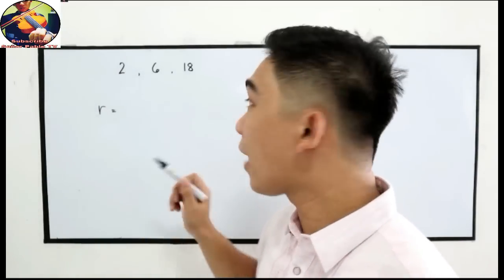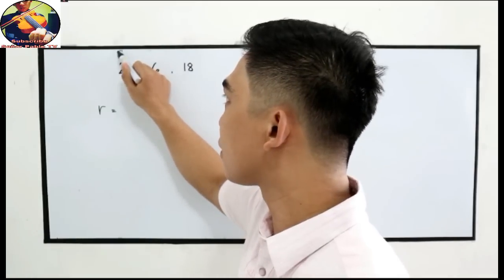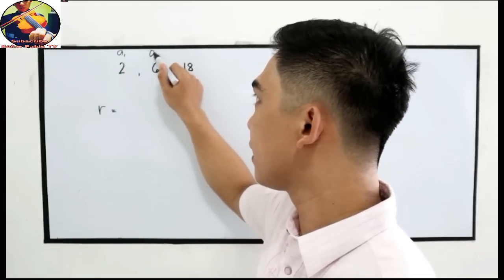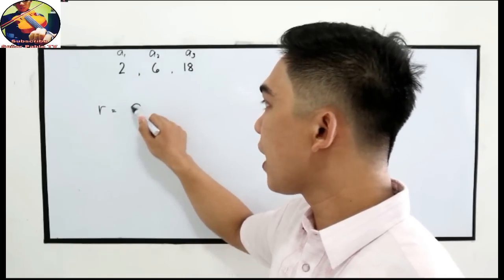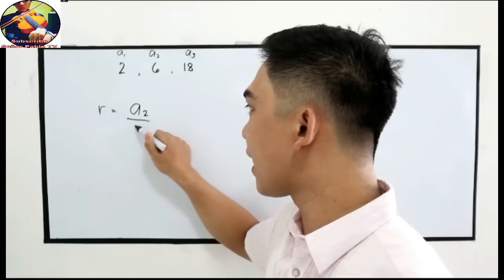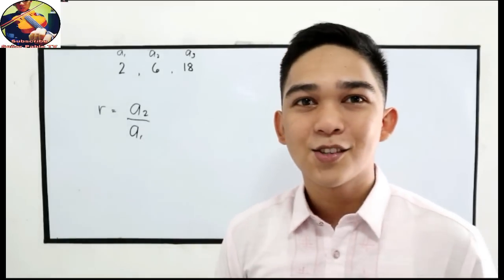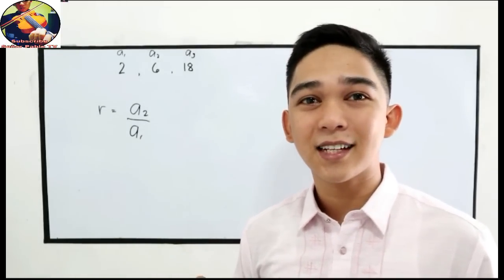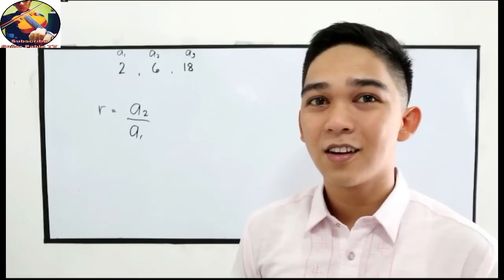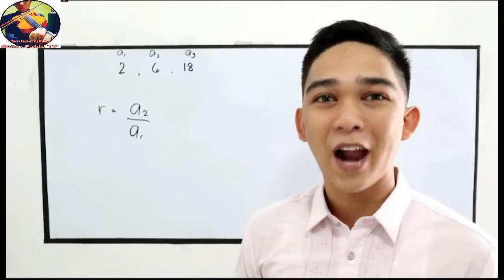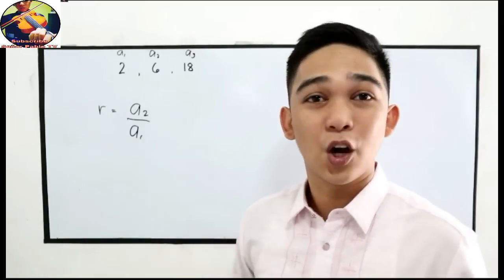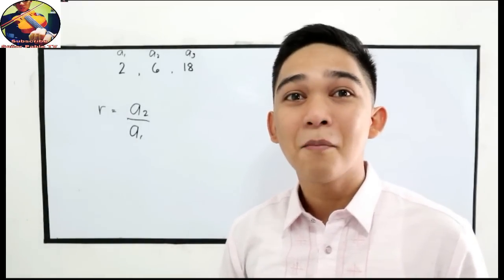If we're going to divide the second term, so this is our A1, the first term, A2, and A3. Common ratio, A2 divided by A1. So that means, in arithmetic sequence, makukuha natin yung common difference naman doon by subtraction. Dito naman, kay common ratio, makukuha natin siya by division.